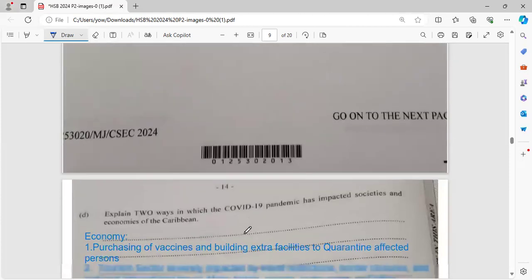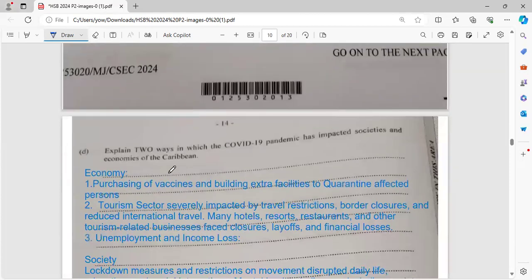Let's move, guys. Explain two ways in which the COVID-19 pandemic has impacted the society and economy of the Caribbean. And guys, we are very familiar with this one because we have just gone through a COVID crisis. Economy-wise, purchasing vaccines and building extra facilities to quarantine affected persons can affect the country's economy, with the government pouring a lot of money into the health sector.